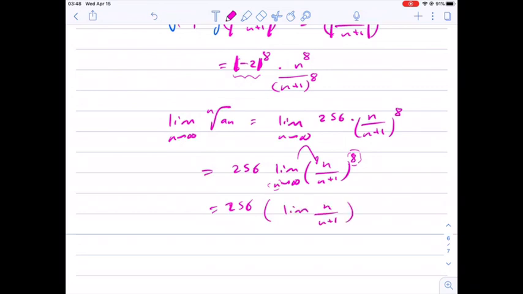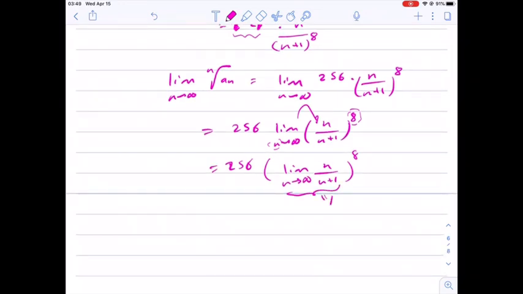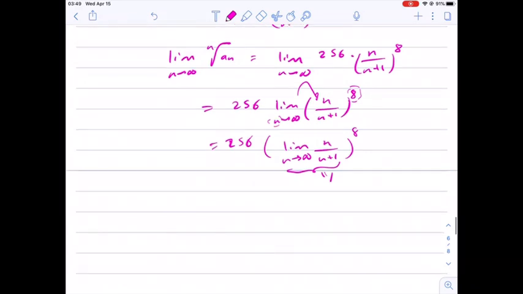So we have the limit of n over n plus 1, which is equal to 1. Find the derivative of the numerator, it's 1. The derivative of the denominator is 1. So we get 256, and that's greater than 1. That means it's divergent by the root test.